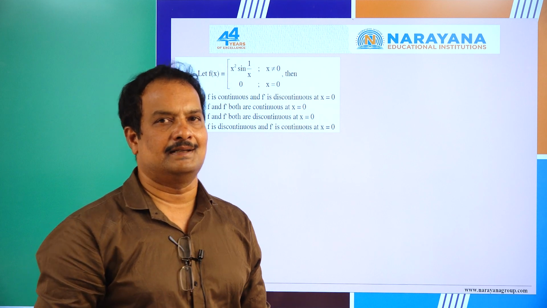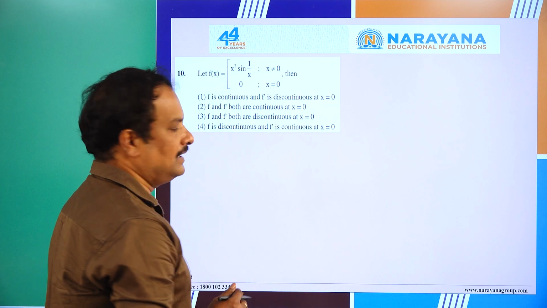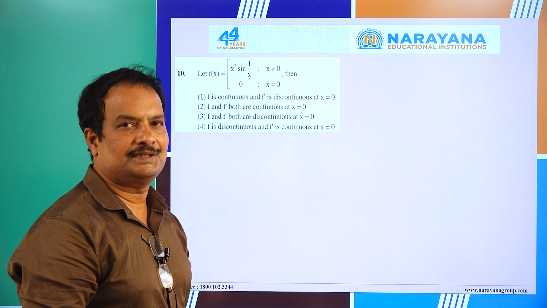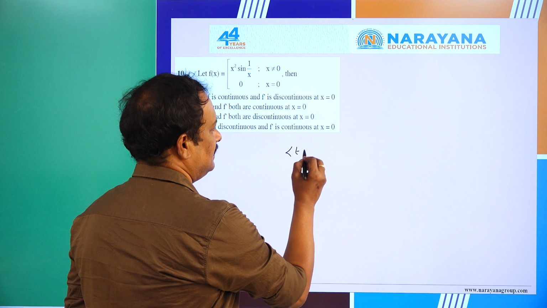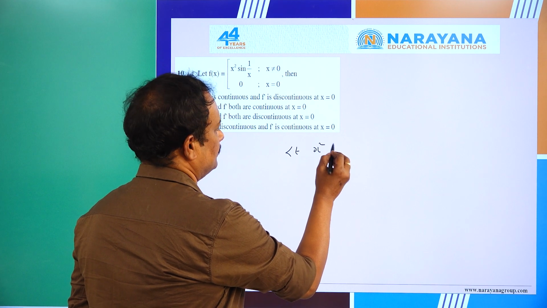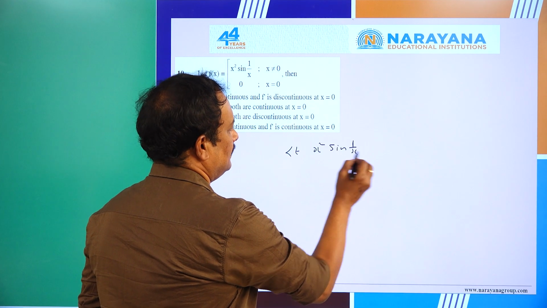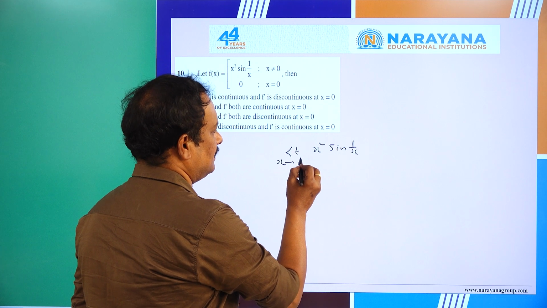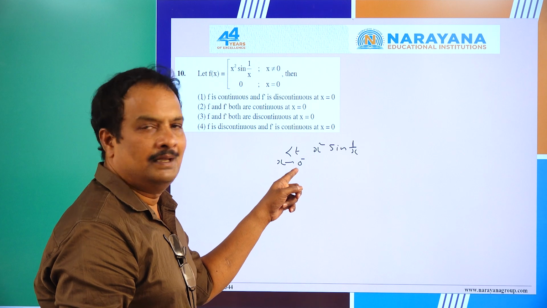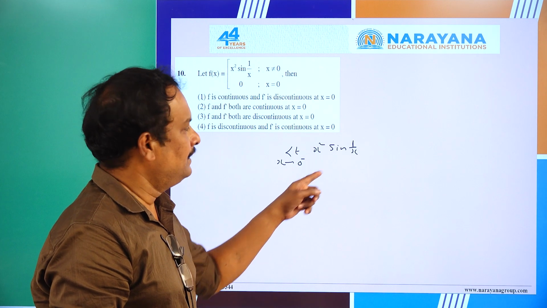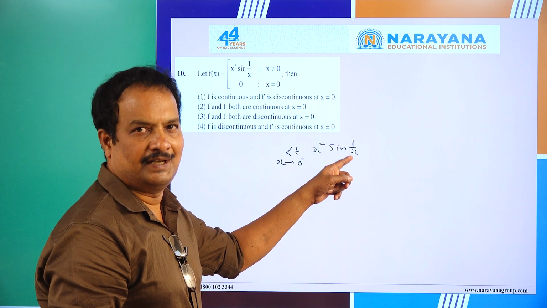So let's calculate the left hand limit. What is the left hand limit? Limit of f of x as x tends to 0 from the left side. So let us calculate limit of x square into sine 1 by x as x tends to 0 from the left side, because the value of the function is already given. Now when x tends to 0 from the left side, 1 by x will approach minus infinity.